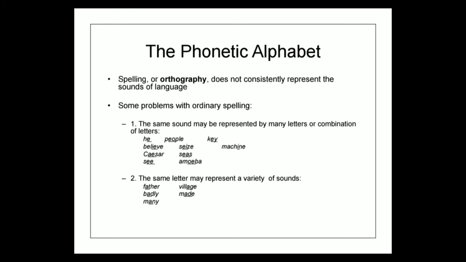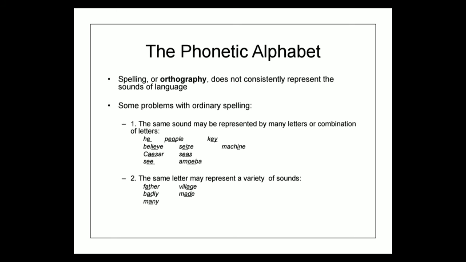For example, when E is placed in the second position, it is pronounced like "he". We can find a different sound when we pronounce the word people. Key, believe, cease, machine, Caesar, sea, amoeba.